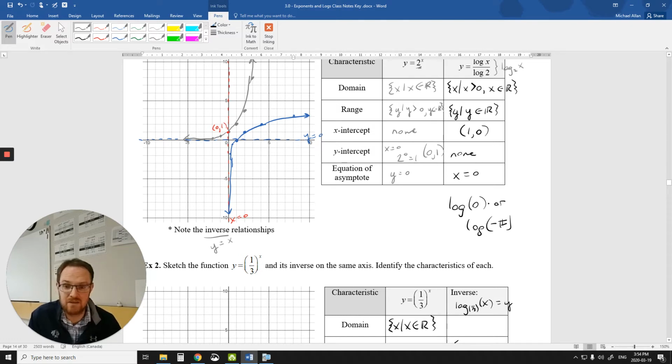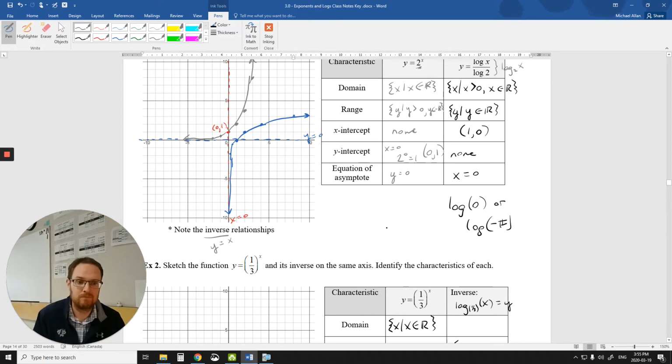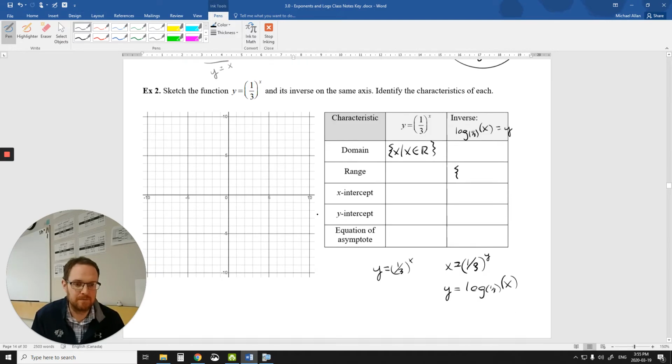Okay? It just follows the same logic. If I put a 0 there, that means I'm looking for a base to the power of something to be 0, or a base to the power of anything to be 0. You just can't do it.